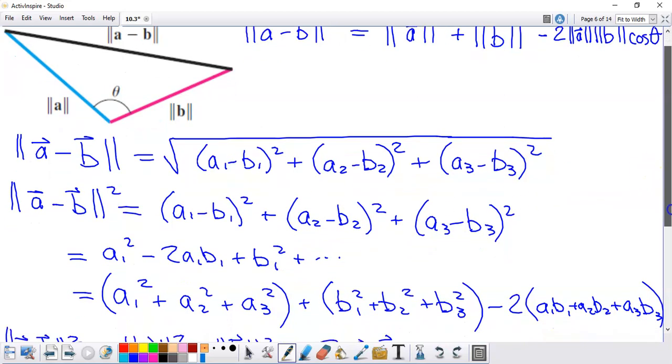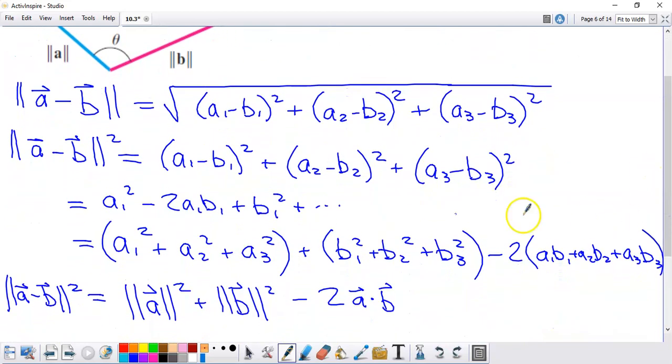So what I wanted to do is just rearrange a little bit. If I group my a1 squared, my a2 squared that I would get after FOILing out this expression, and my a3 squared, I'm going to put that into its own little set of parentheses. I'm going to do the same thing with the b1, the b2, and the b3 that are all squared, right? Just rearranging and grouping.